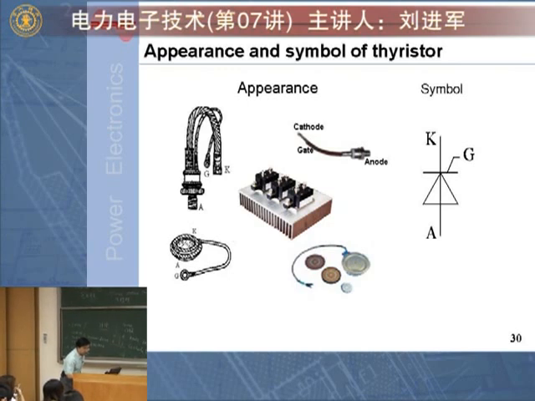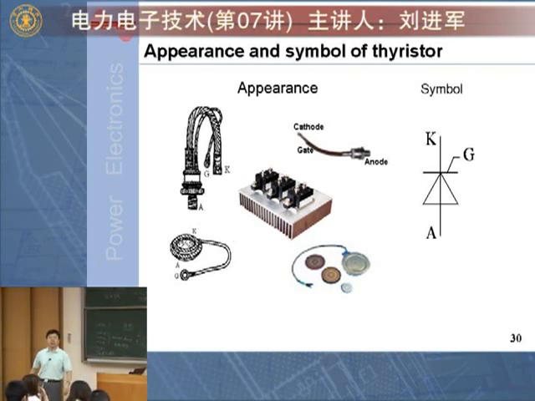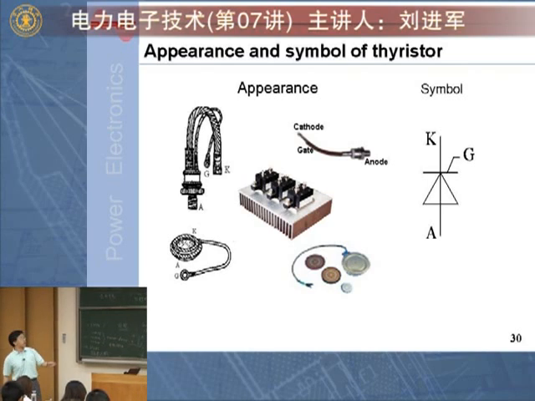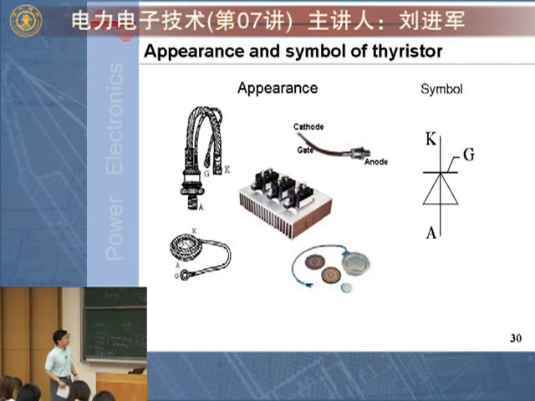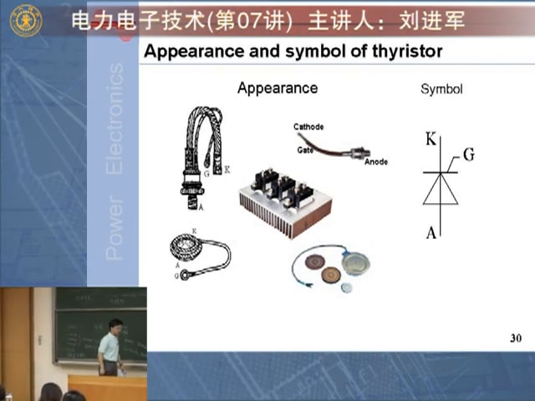All right. This is the only difference. Other than that, everything is the same as the diode. You have terminal A and terminal K, okay? And then you have terminal G, the gate terminal.